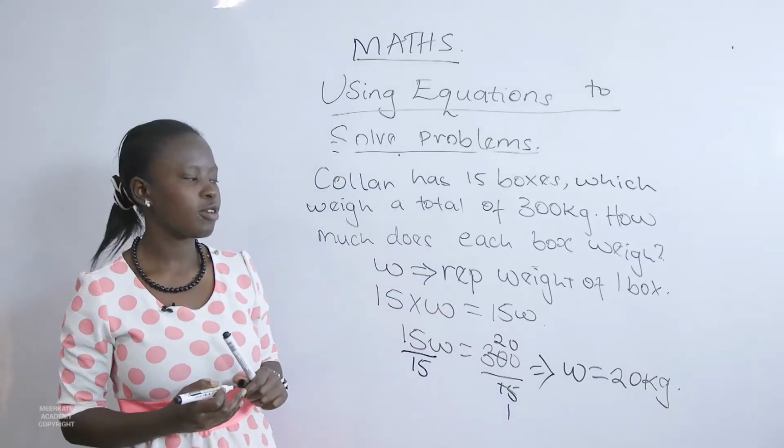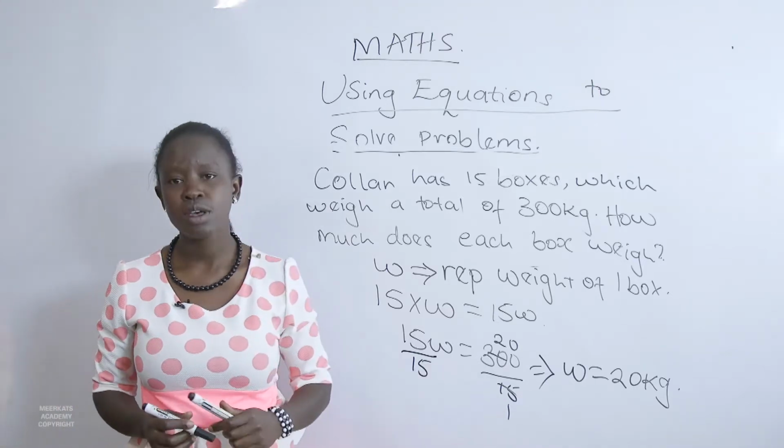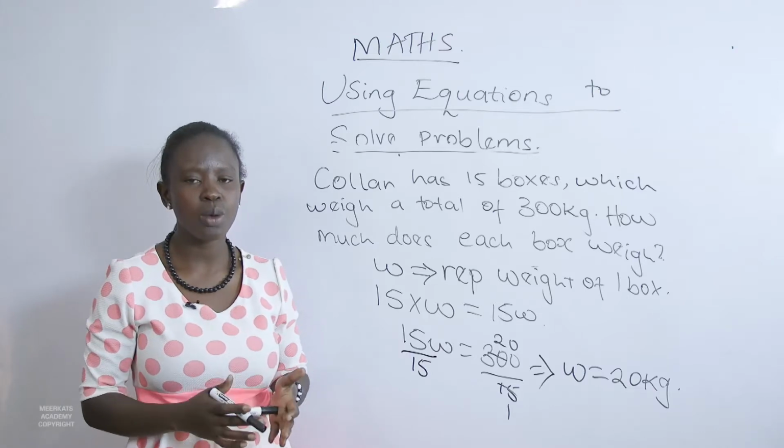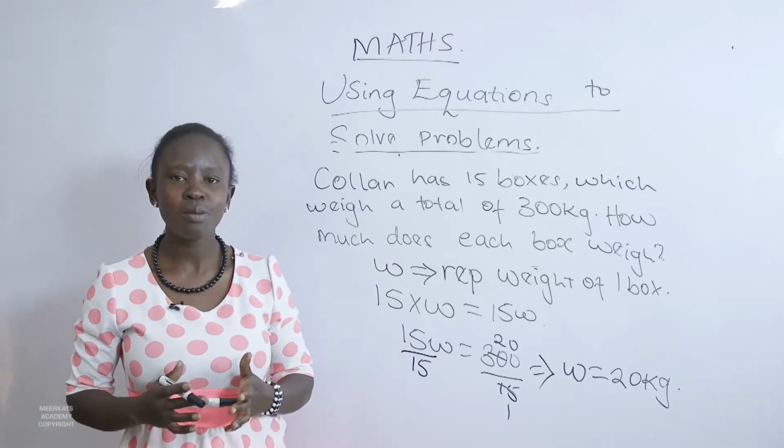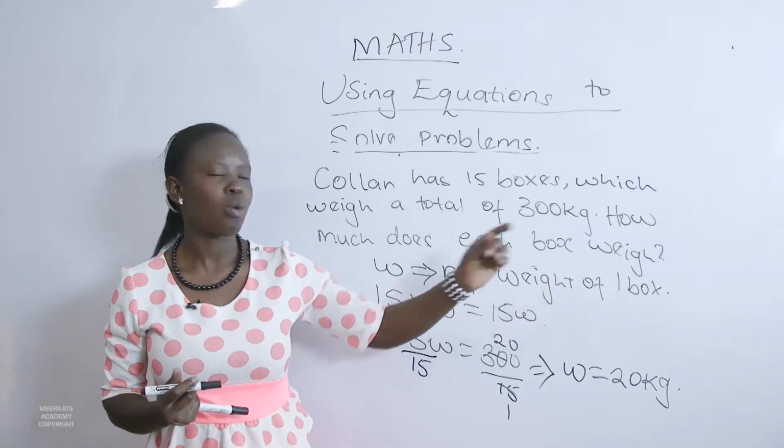When we divide by 15, 300 divided by 15 gives us 20. So that means W is equal to 20 kilograms. That is the weight of one box.